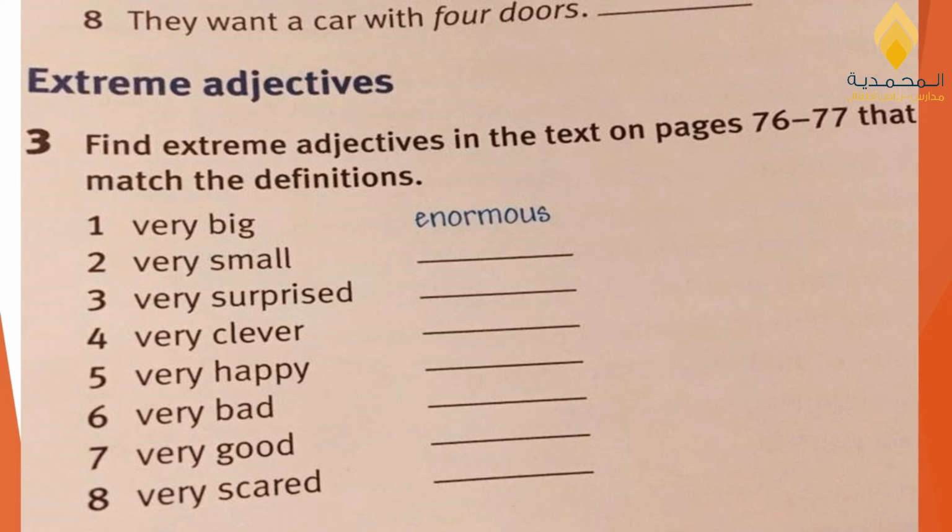This is what his classmates thought of what he did. 8 is very scared. How did he feel after he spread the virus and after he was happy? After that, he was terrified. He was very scared.